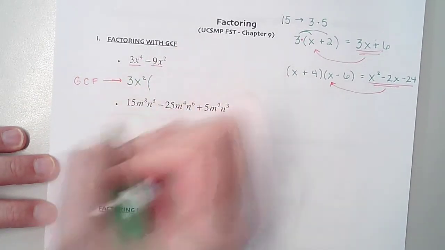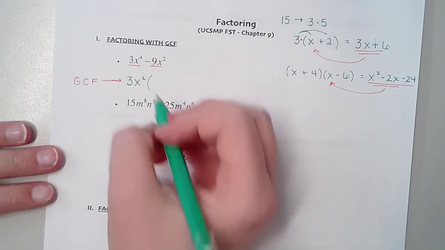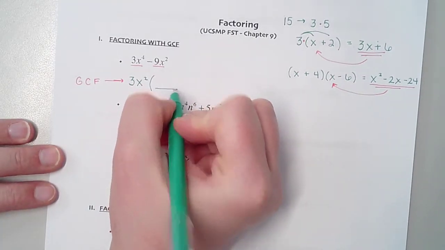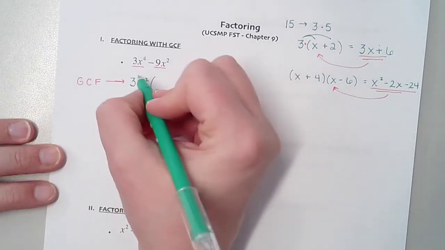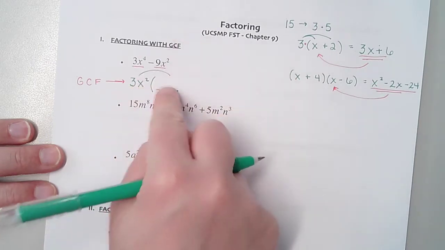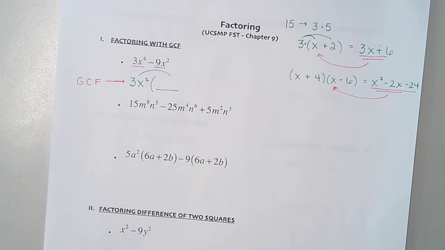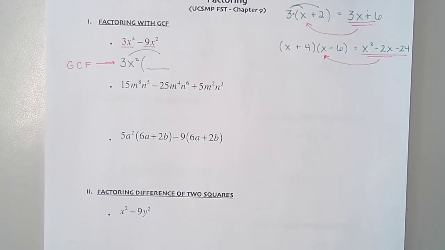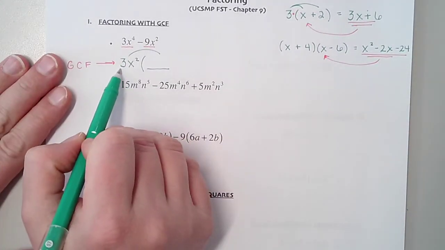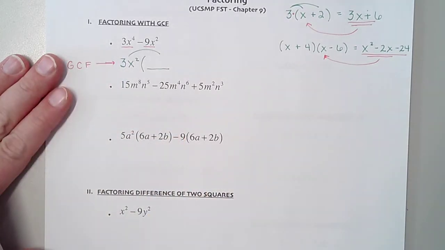Now I'm going to open a set of parentheses, and I'm going to figure out what would have to go right here to make it so that if I multiply these two things back together, I would get my 3x to the fourth back. So that's the question I'm really asking: what's left when I take a 3x squared out of 3x to the fourth?